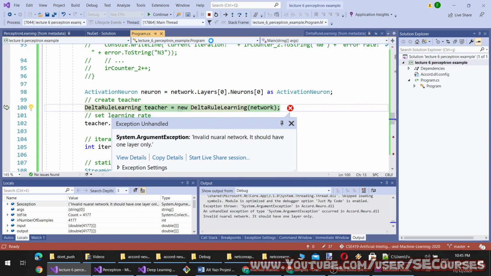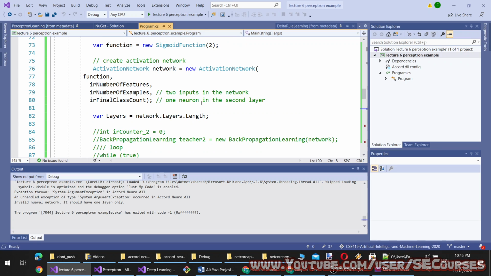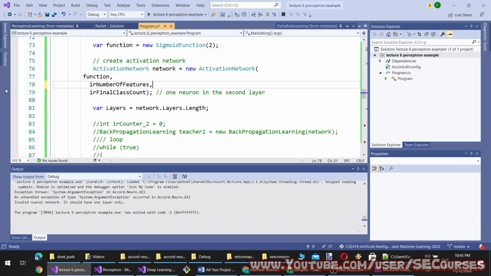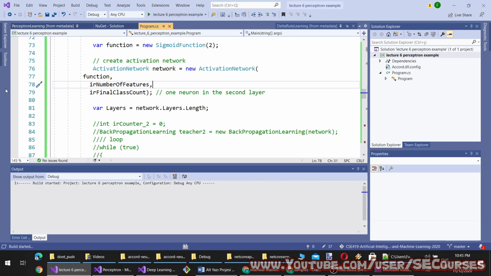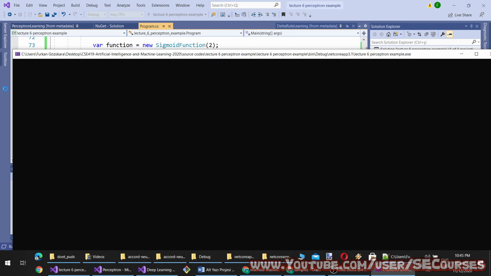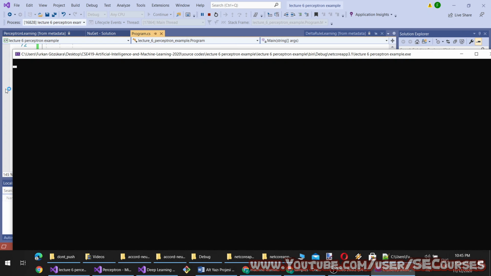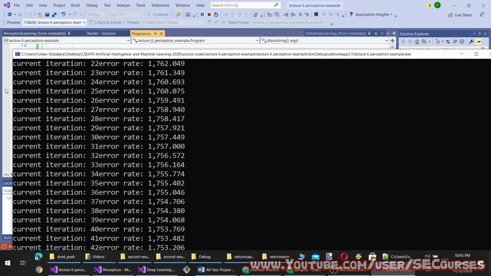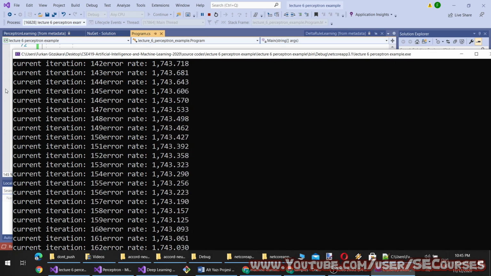Oh, since this is a perceptron, we can't increase the number of layers. So for each output, there can be only a maximum of one layer, which is divided by the number of outputs. But the error rate is pretty big.